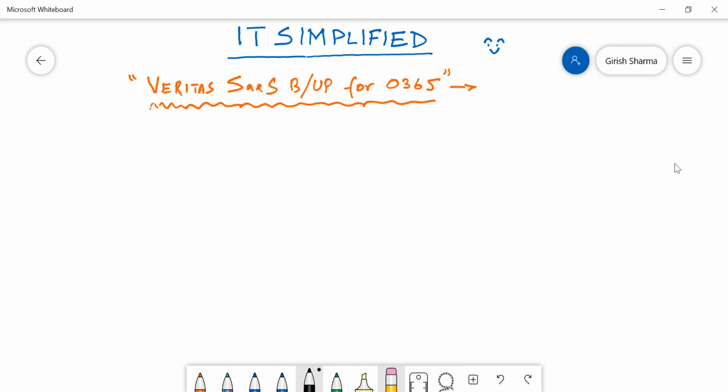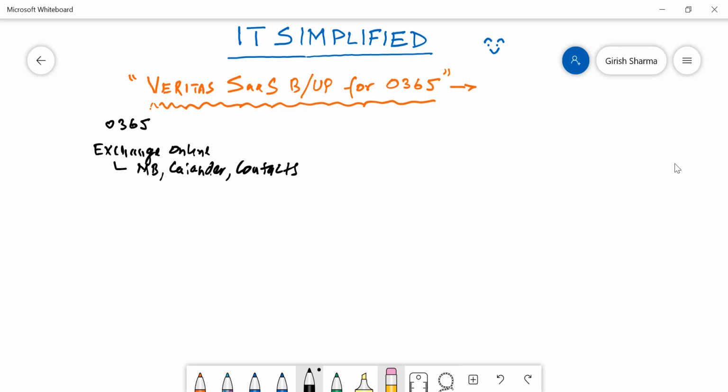So the first thing that comes to your mind when we talk about O365 is services such as Exchange Online, and in this you have your mailboxes, calendar, contacts, etc. That's the most common one that people generally hear.